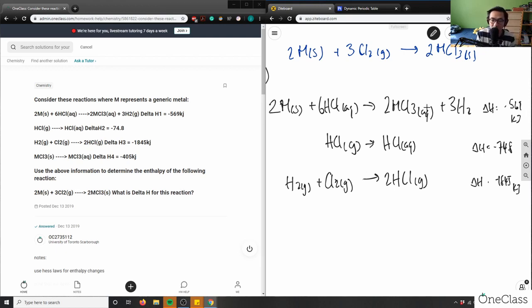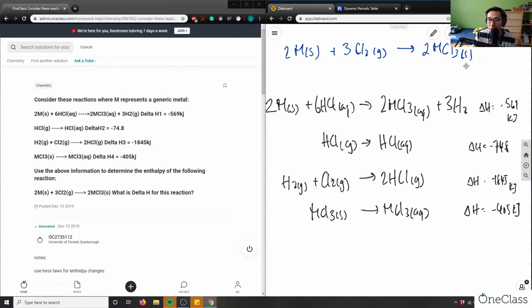And finally, we have MCl3 solid yields MCl3 aqueous, and this is delta H equals negative 405 kilojoules. Okay, so we have all of these things written out here for us.